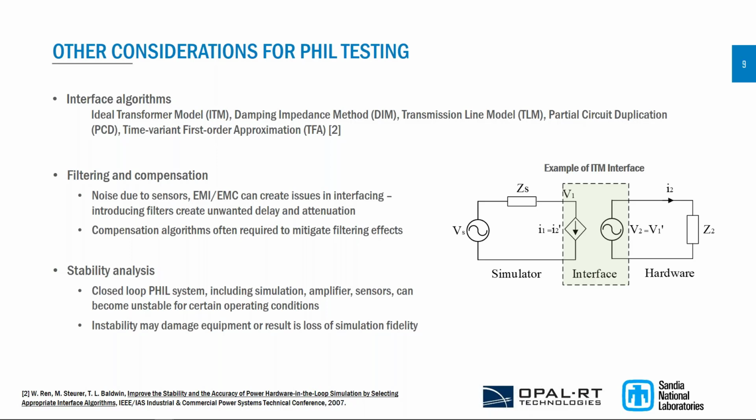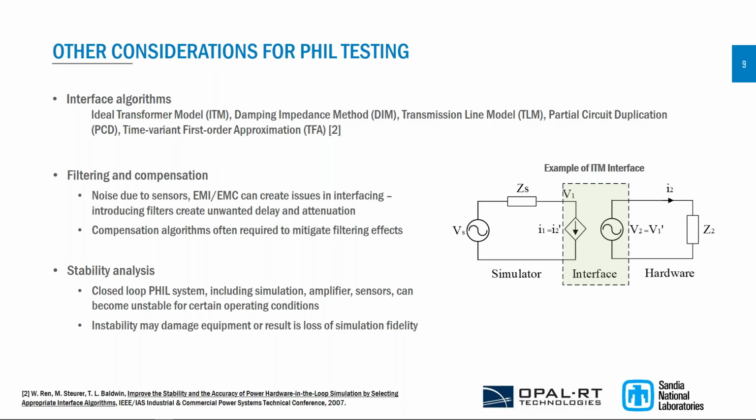In this case, your simulator will give the voltage signal for your grid amplifier, and then the current output from that amplifier is measured and fed back to the simulator model to close that loop.